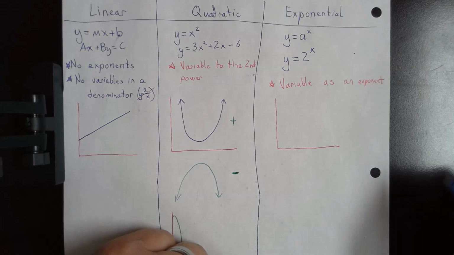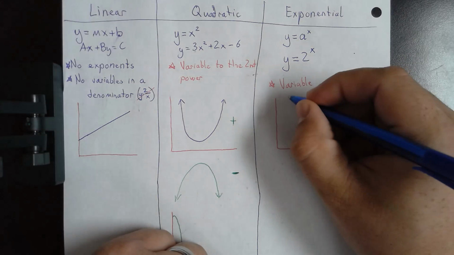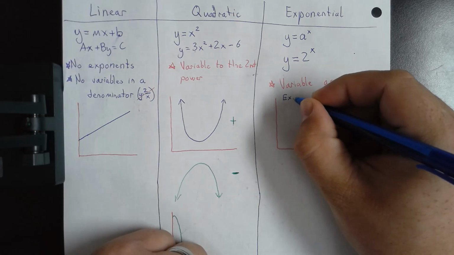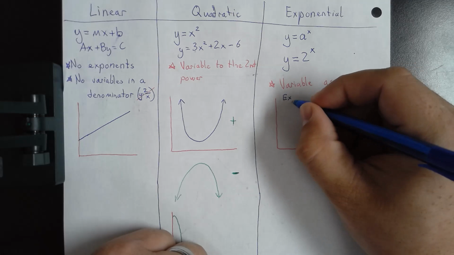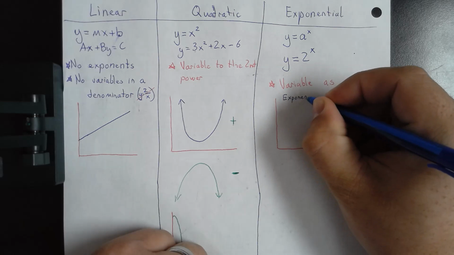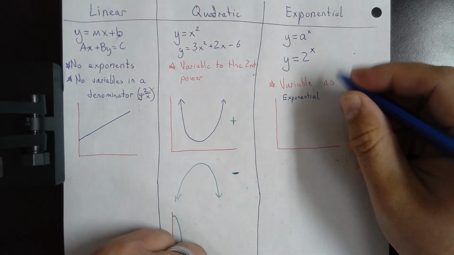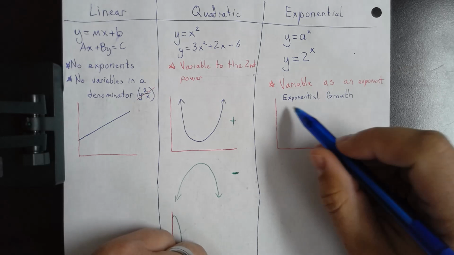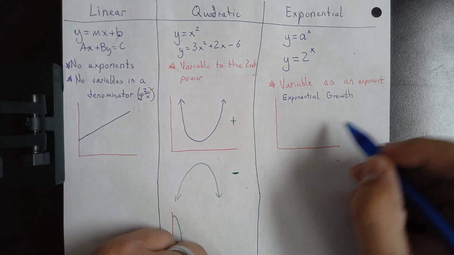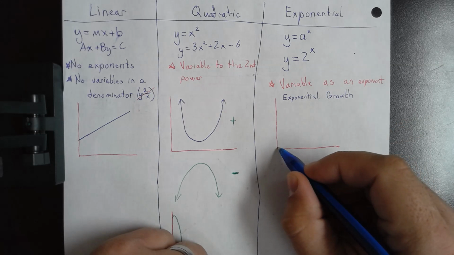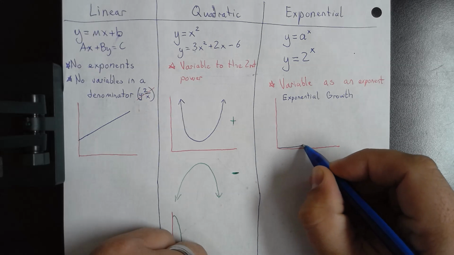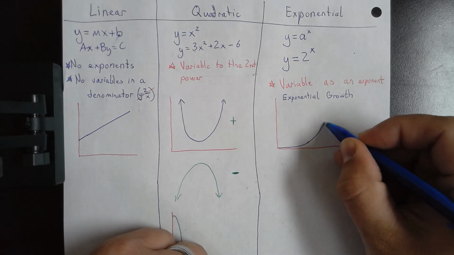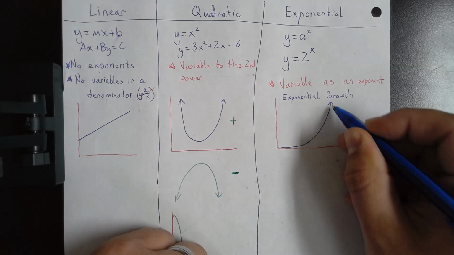Okay. So there's two types. The first one we'll look at is called exponential growth. Okay. Essentially what that means is that we are going to start out real slow, and it's going to work its way up real high. Okay?